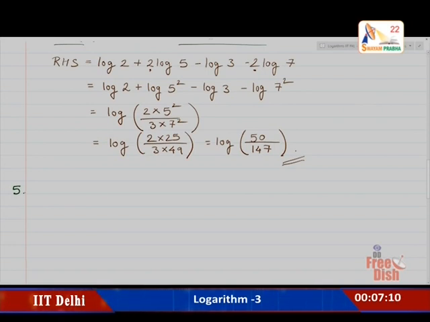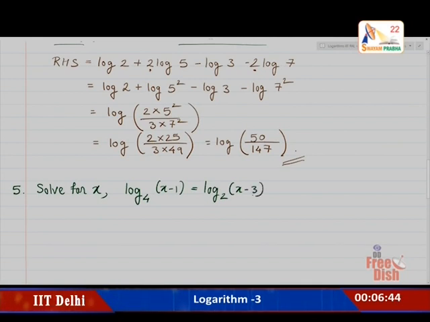And let us see, the question is solve for x, and the equation that is given to you is a logarithmic expression, which is log to the base 4 of x minus 1, which is equal to log to the base 2 of x minus 3.